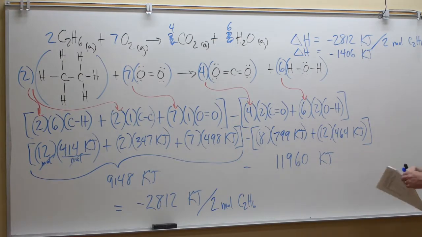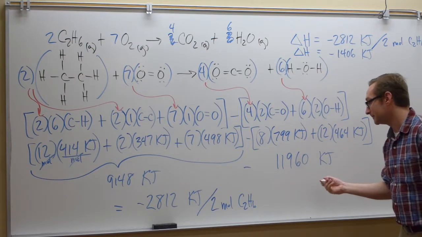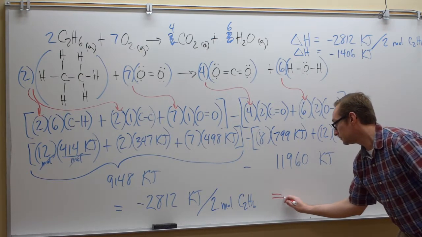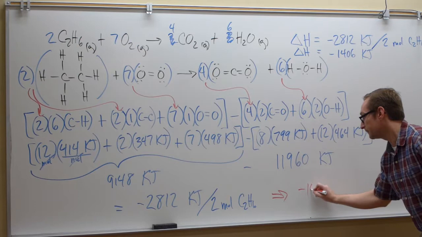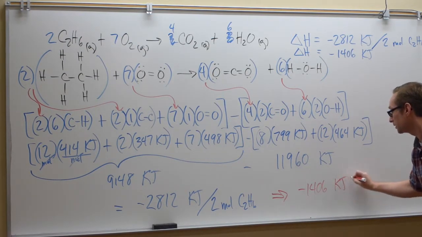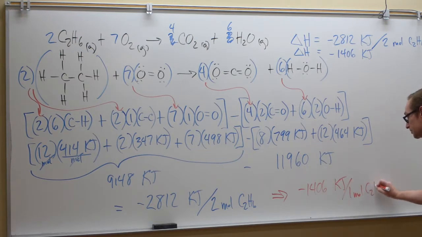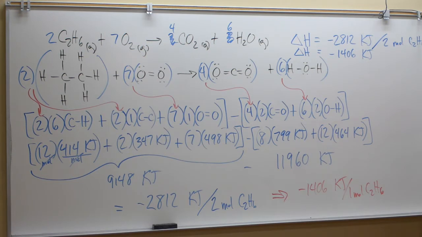So the final answer, I would say, just to keep it per mole of reactant, you would say negative 1,406 kilojoules per 1 mole of C2H6. So if you had to do a reaction or a problem where it asked, well, okay, how many grams of ethane is required to get so much energy out.